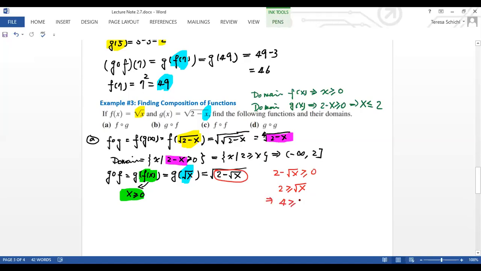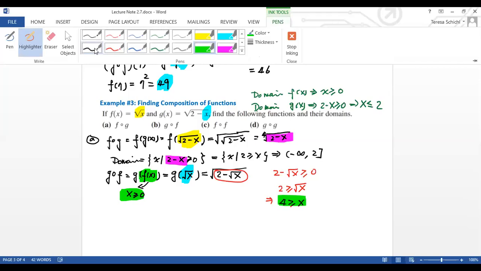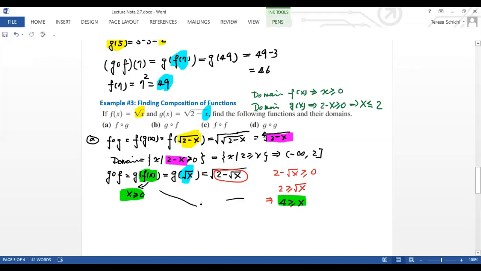So that means x has to be less than or equal to 4. This is the first condition and this is the second condition, right? Because we said it's a composite, you need to combine them. So what is the domain here? Now we know the domain has to be greater than 0 and less than 4.